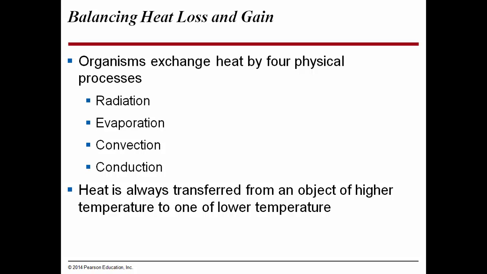Convection is heat through the air, and conduction is heat transferred directly from the organism to a surface. So an ectotherm can get heat from a warm rock, or you could lose heat by being in contact with the soil.